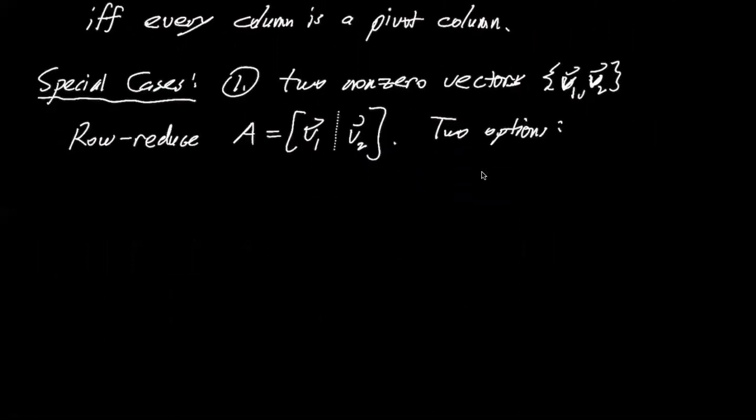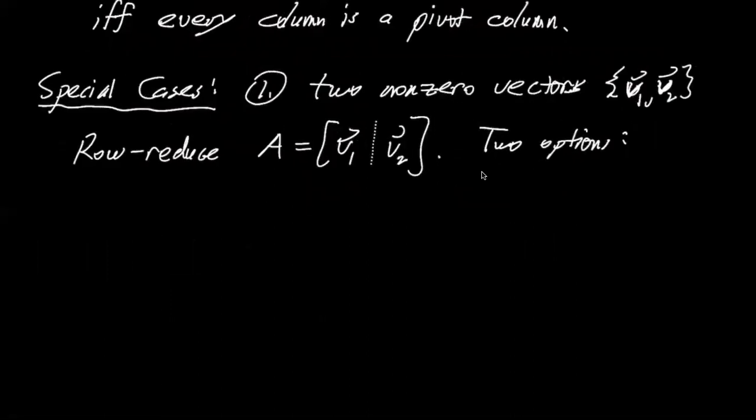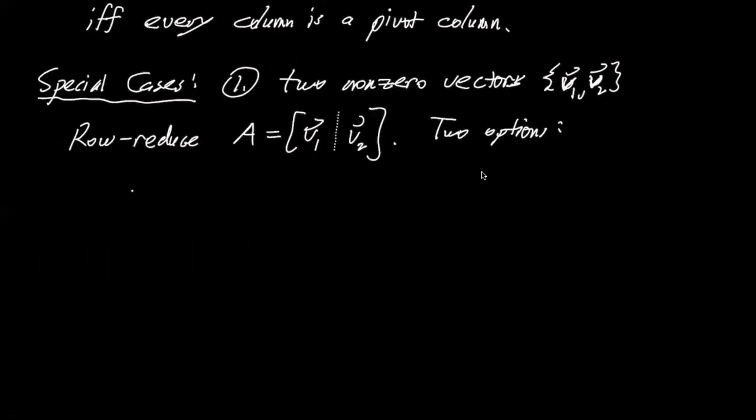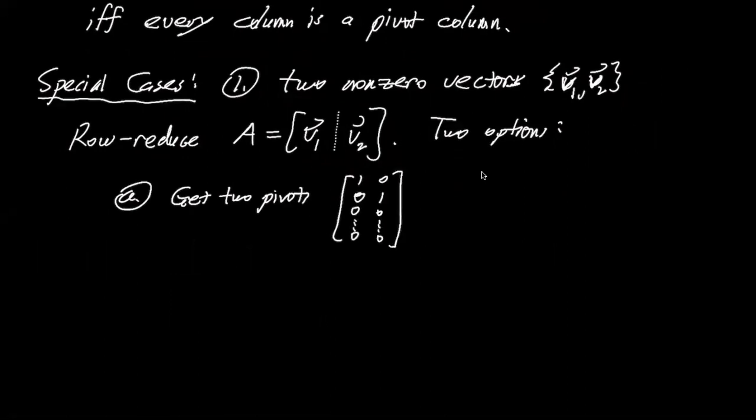So we get two pivots, and that means the reduced matrix looks something like the following. In this case, then these two vectors are linearly independent.